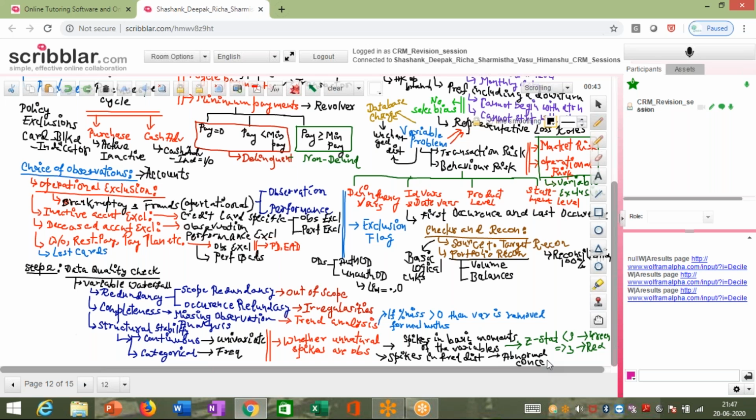Over here, the next set of exclusions is on the predictive capability, so variables which are the most predictive are kept back.